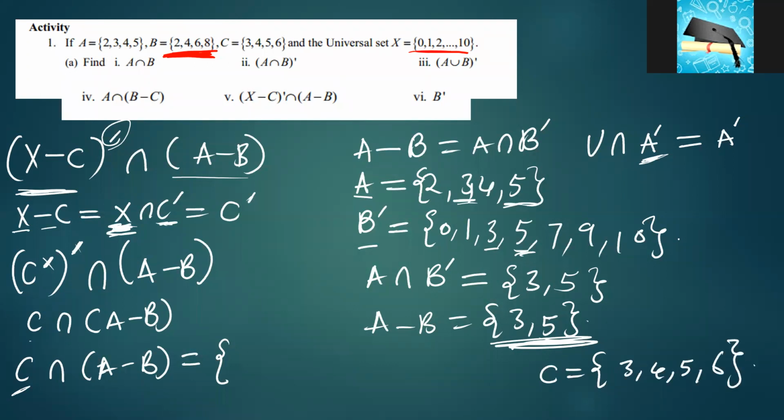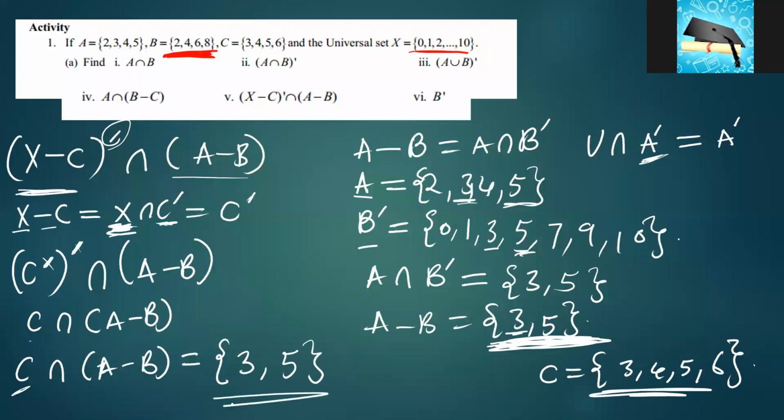So now we're trying to find the common elements between A minus B and set C. So the common elements here, we have 3 and 5 only. So we write our 3 and 5 there.